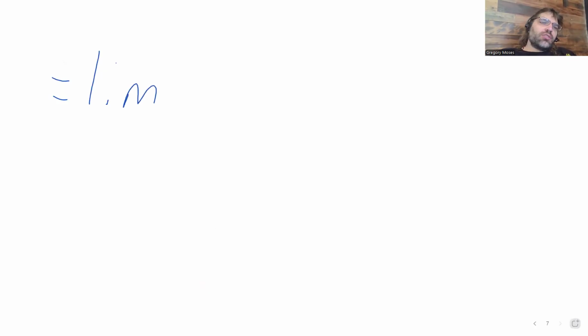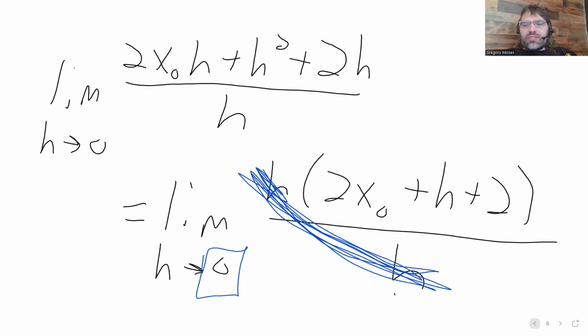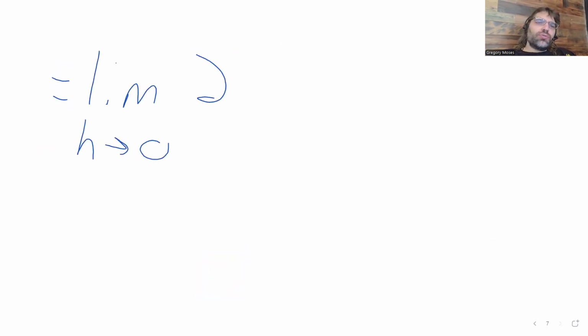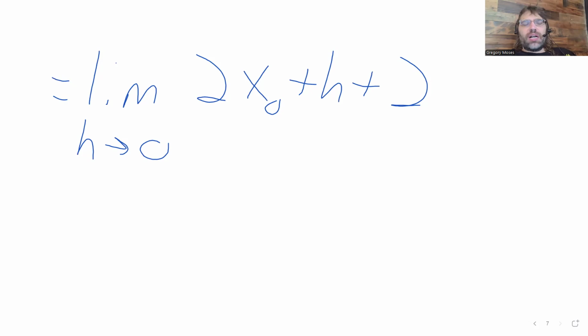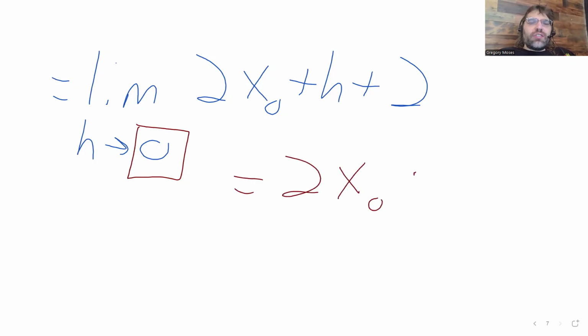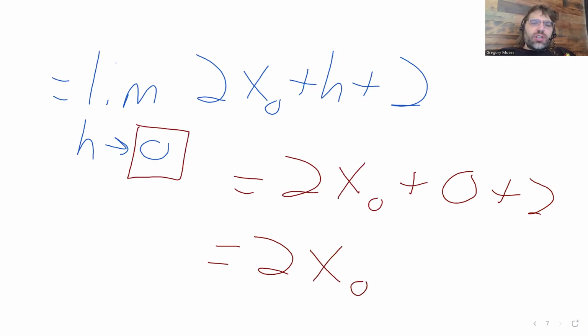So we've got the limit as h approaches 0 of 2 x sub 0 plus h plus 2. And everything here is continuous. So because of continuity, we can just take that 0 and plug it in. We no longer have a division by 0 error.